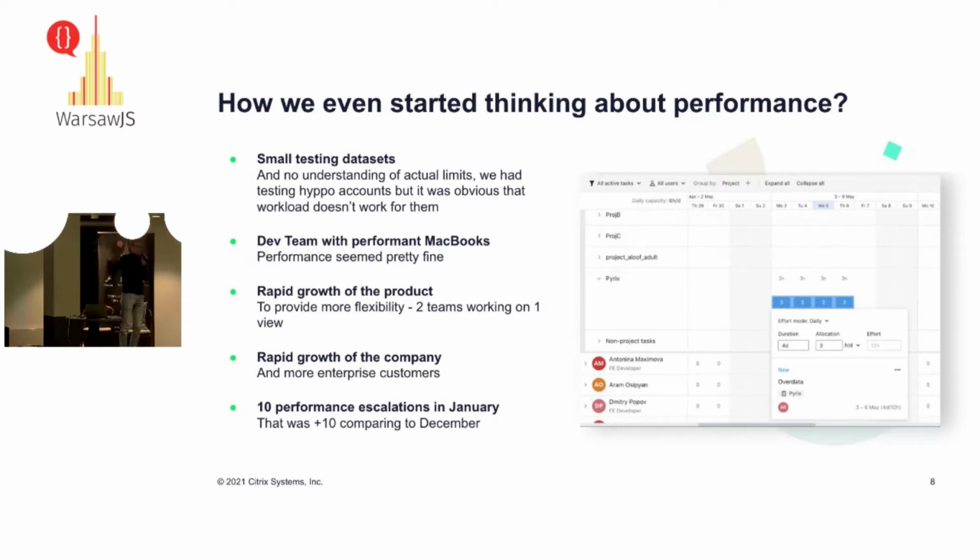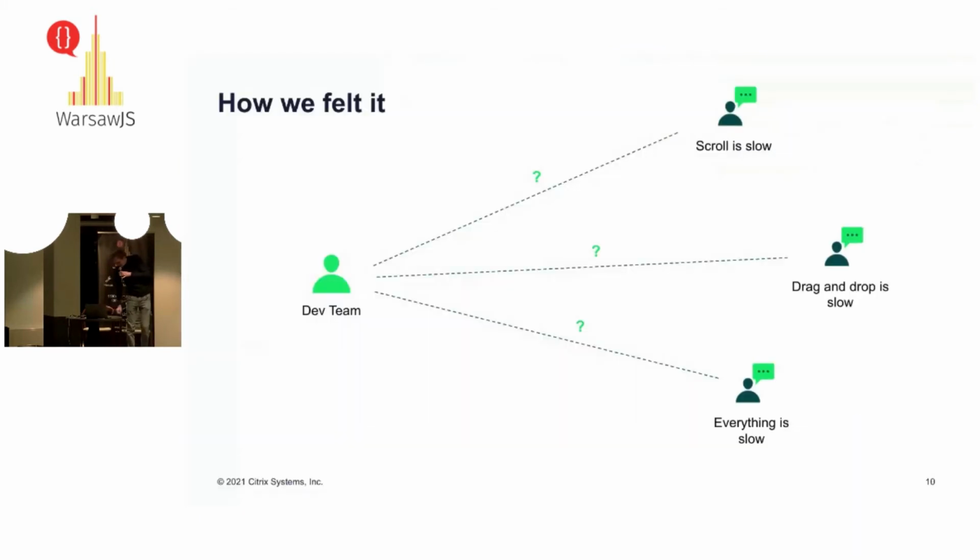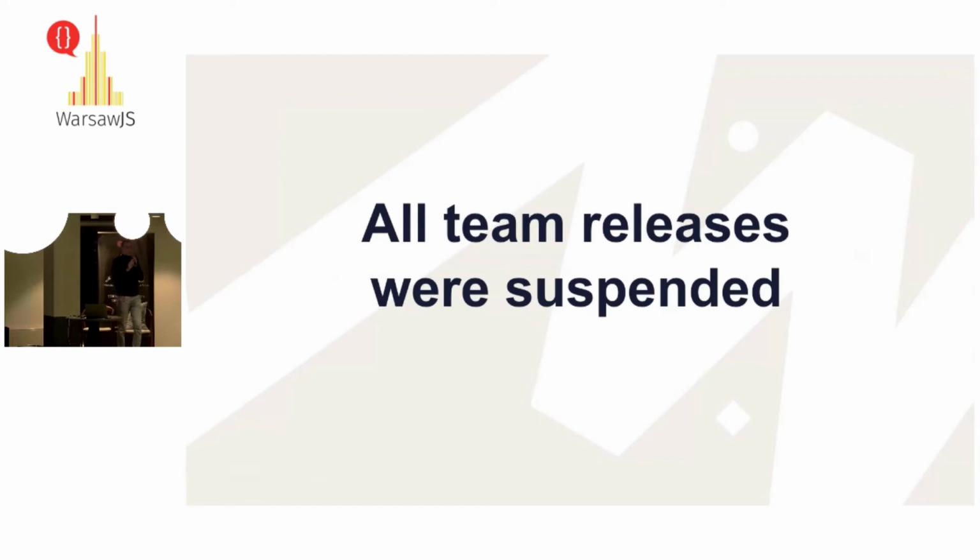If you remember some events from this March, it looked like that. We started trying to understand what was happening and why. But with one task and a performant MacBook, everything was fine. And we really didn't understand what was going on and how to fix it. So what was our case? I guess the main thing I'll try to cover today is our experience and the things that we learned.